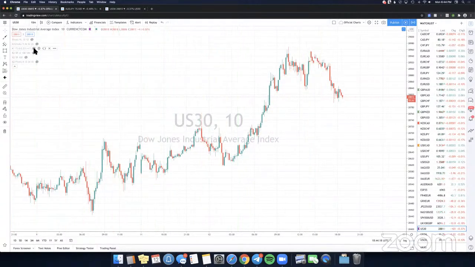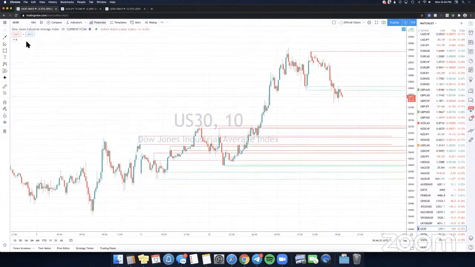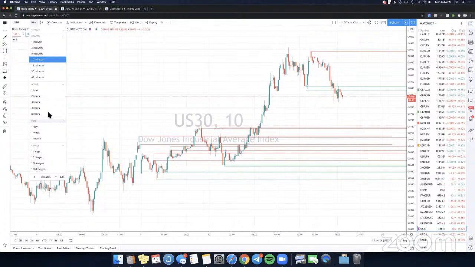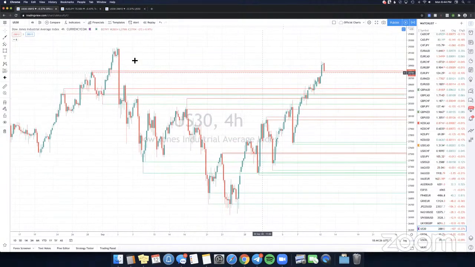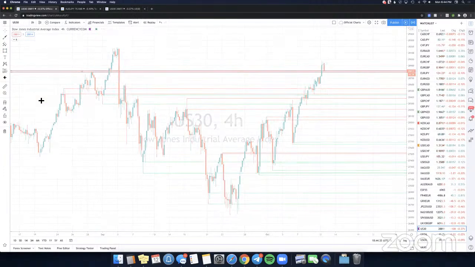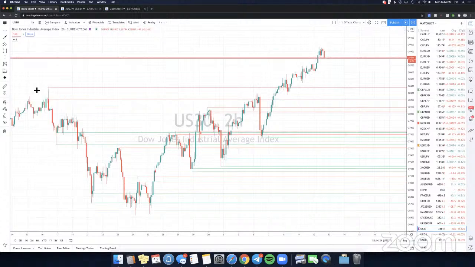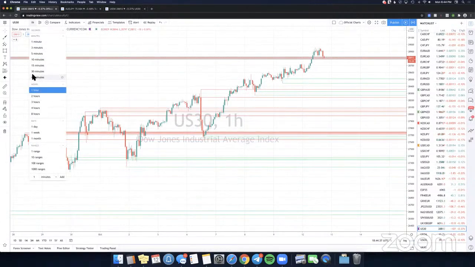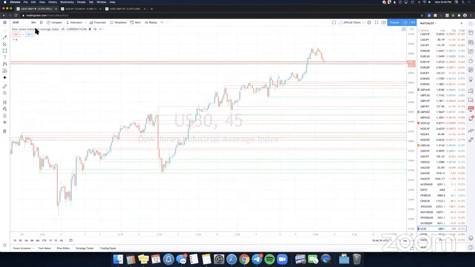So let me turn on the SRs. All right, cool. Let's go from the 4 hour first. There's a zone right here. And then we can go down to the lower time frames. Nothing on the 2 hour, 1 hour, 30 minute.